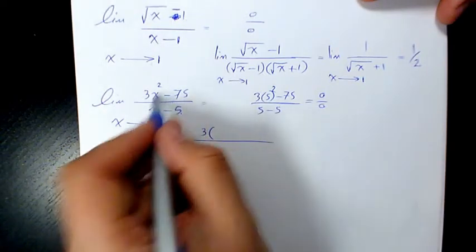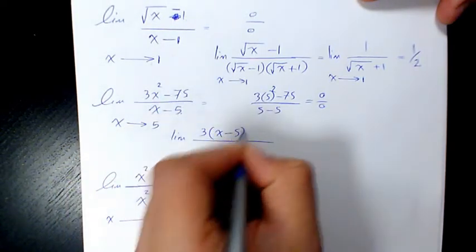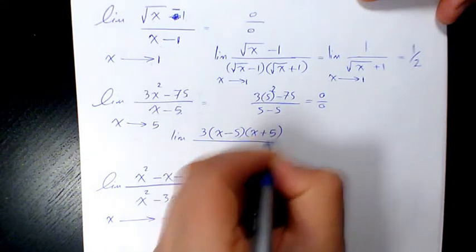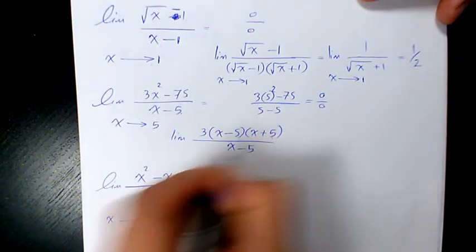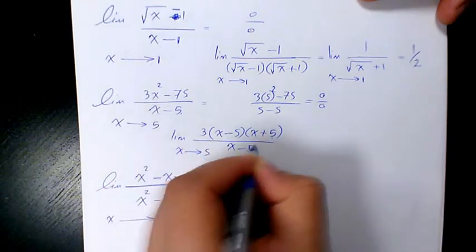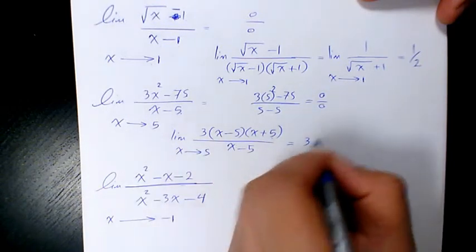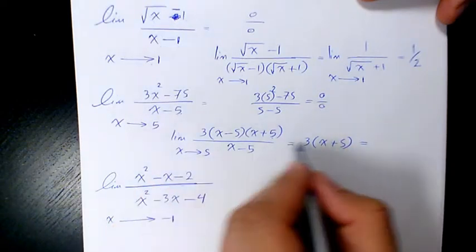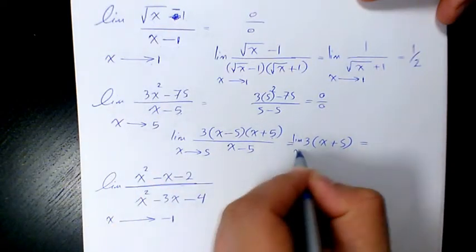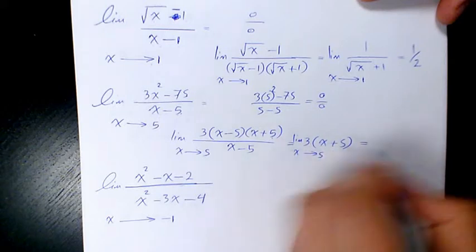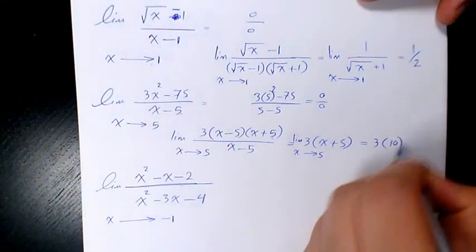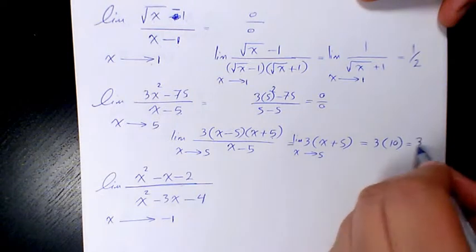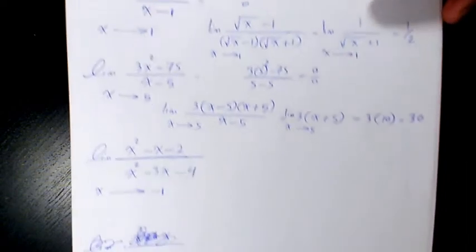It's going to be x squared minus 25, which is (x minus 5) times (x plus 5) over (x minus 5) as x approaches 5. These two cancel out. It's going to be 3 times (x plus 5). The limit as x goes to 5 is going to be 3 times (5 plus 5), which is going to be 30.